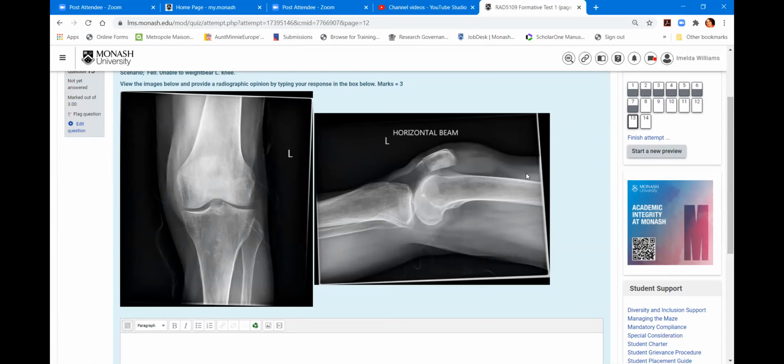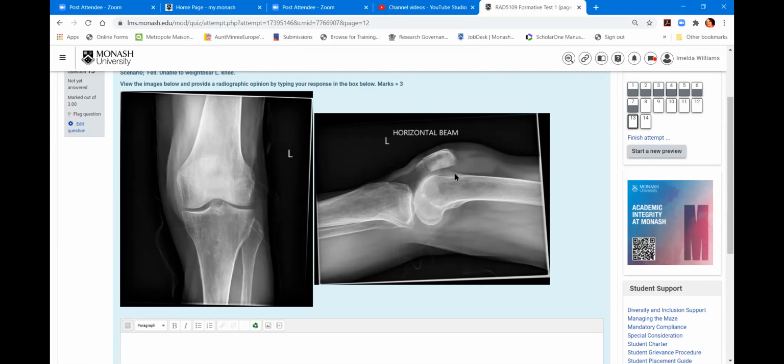However, on the lateral view, we can see that there is a fracture of the patella, and it's near the apex of the patella, and also there's quite clearly a lipohemarthrosis and also quite a big effusion as well, so quite a lot of swelling of the knee.